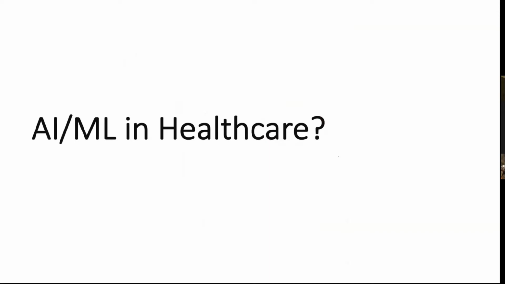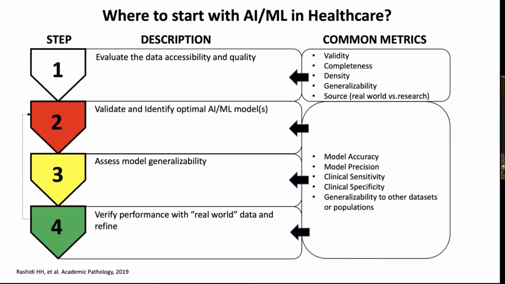In AI and healthcare, if you're asking yourself where to start with developing them, you can split it up into a quick little 4-step process. Obviously, everything starts with data.